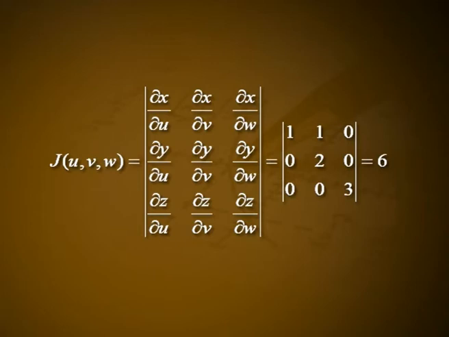Also, the Jacobian of the transformation is J(u, v, w) equal to the determinant of ∂x/∂u, ∂x/∂v, ∂x/∂w, ∂y/∂u, ∂y/∂v, ∂y/∂w, ∂z/∂u, ∂z/∂v, ∂z/∂w, which is equal to the determinant 1, 1, 0, 0, 2, 0, 0, 0, 3, that is equal to 6.